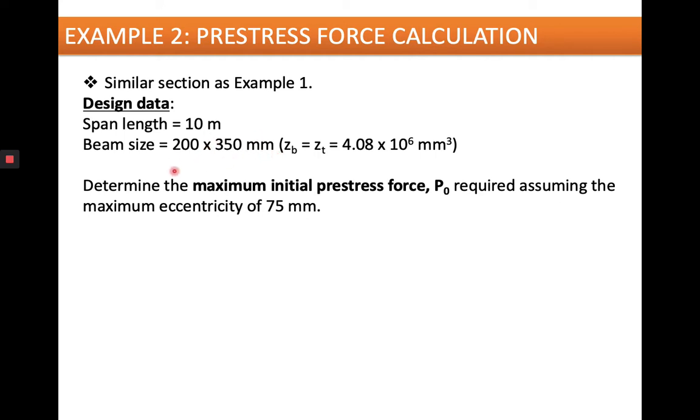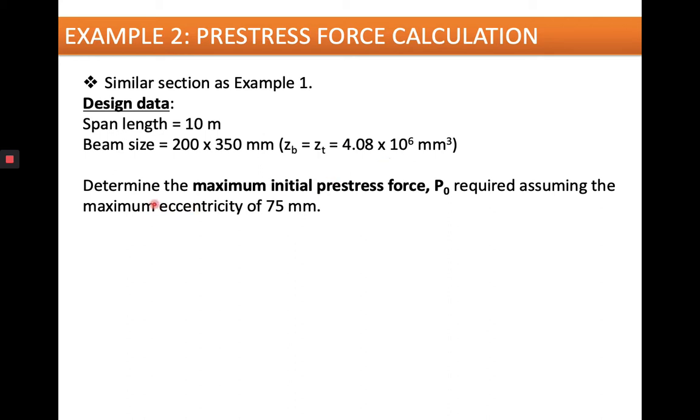Based on this beam size, we have already calculated ZB and also ZT, which is the value of the section modulus with regards to the size of the beam. Just to remind you, when we talk about section modulus, the equation is I over Y. The section that we are referring to for example 2 is a rectangular section, and this is the value of the section modulus that has already been calculated for you.